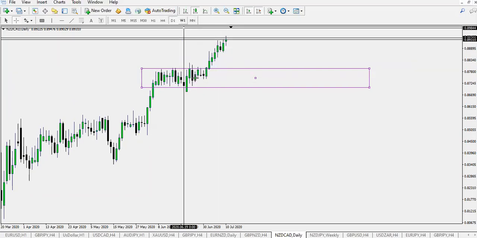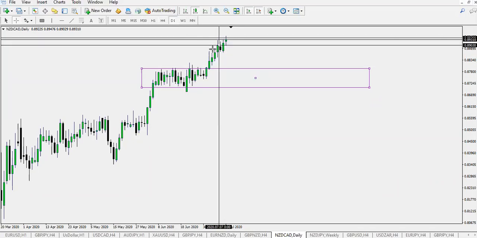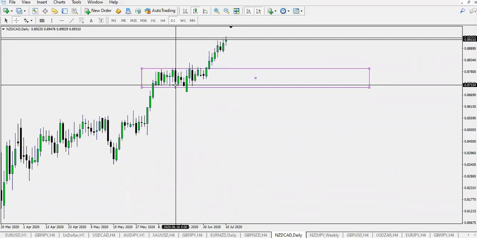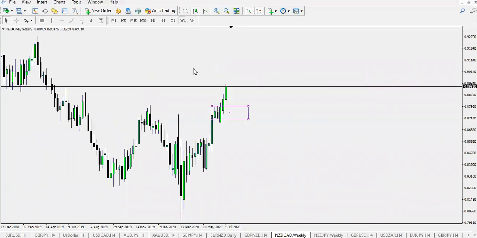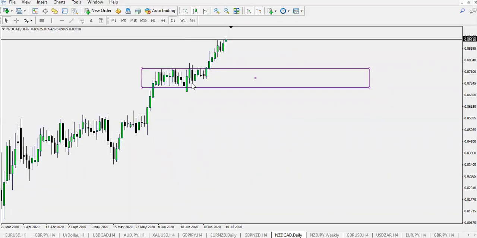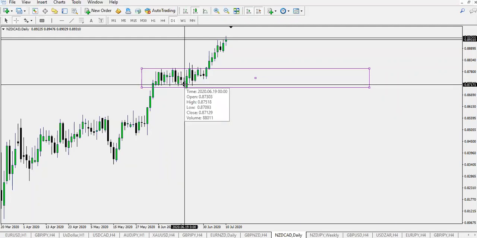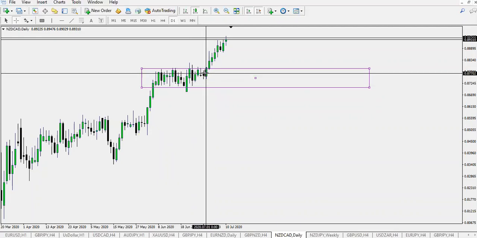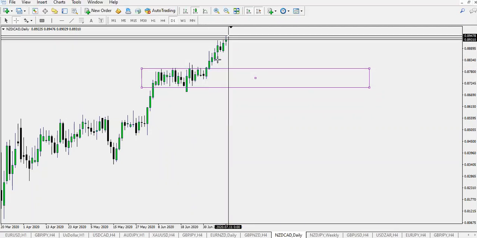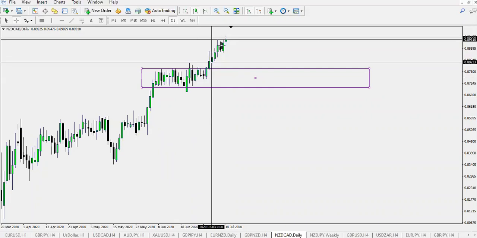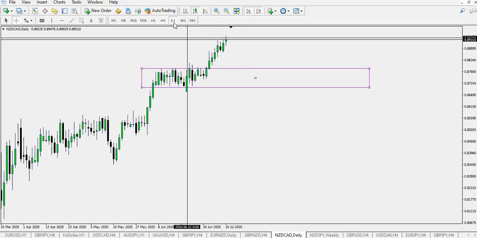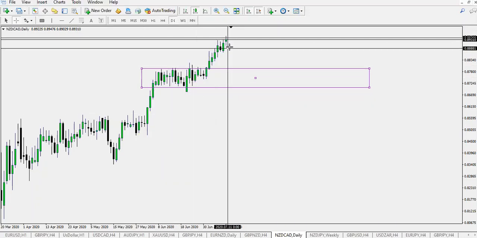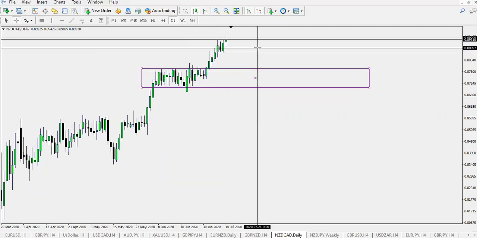So this indicates to us that currency strength is bullish because there is an order block created on the weekly, and we can see that other bullish order blocks on the lower time frames, like this one over here, were respected. Then there was this one created and responsible for this large move to the upside. So the weekly and the daily are currently bullish on NZD CAD.